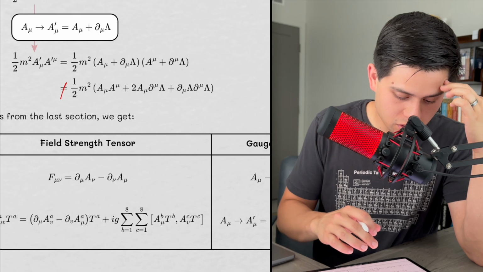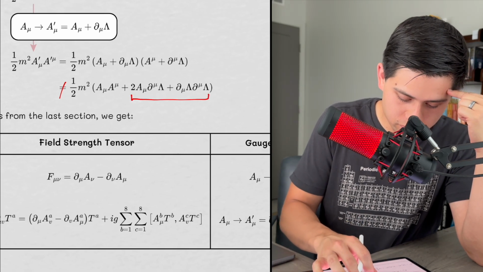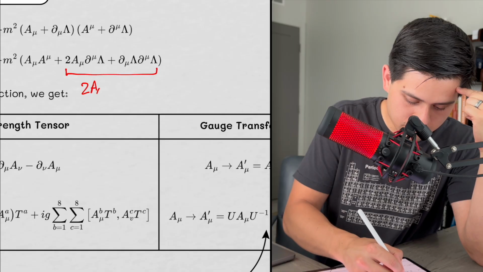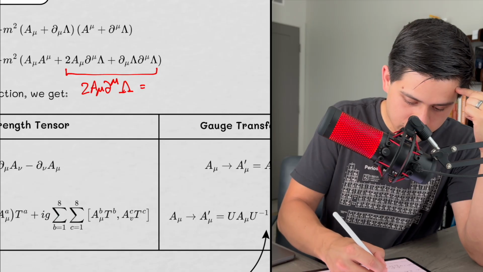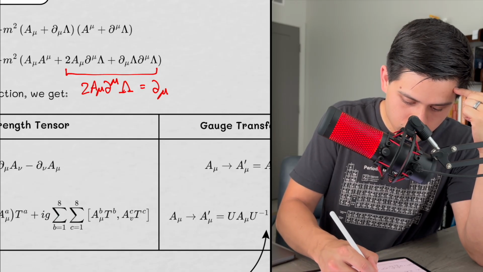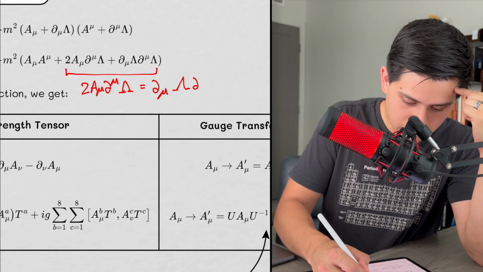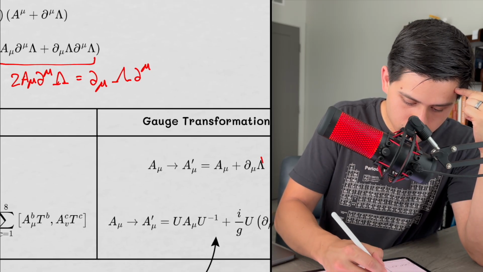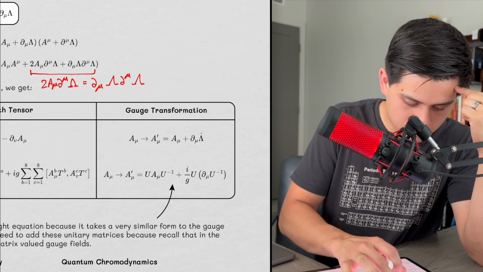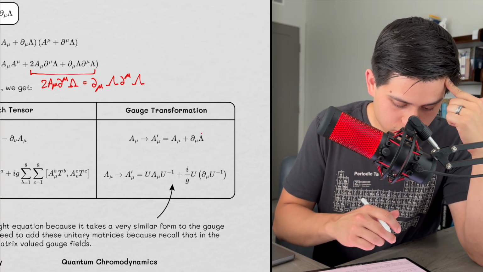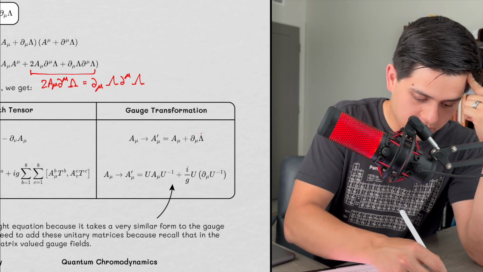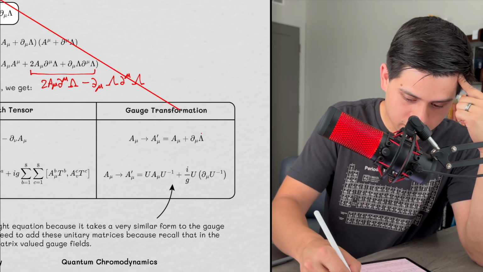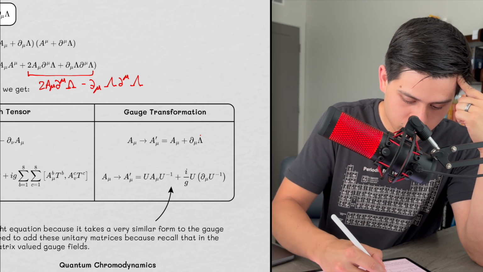If they did equal each other, this would have to go to 0. So 2 A mu d nu would have to equal d mu d nu. That minus that, or plus that, would have to be 0.